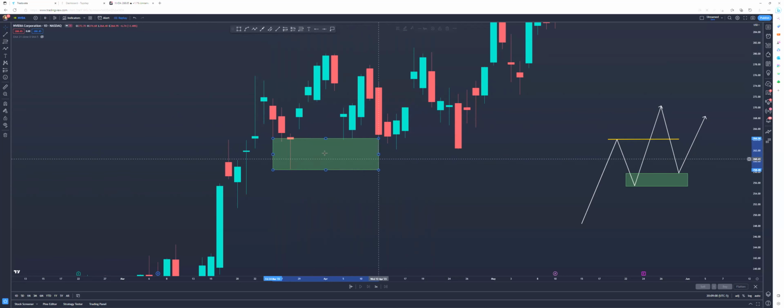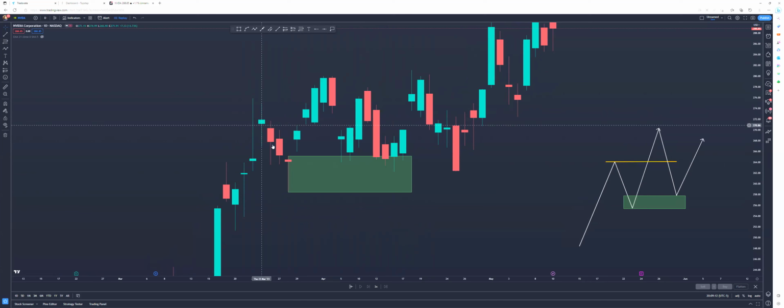So now let's finish the rest of the trades, okay? Right here we broke that structure. We came back into this green area. We bounced off. Is this zone still valid? Yes. Why is this zone still valid on this pullback?